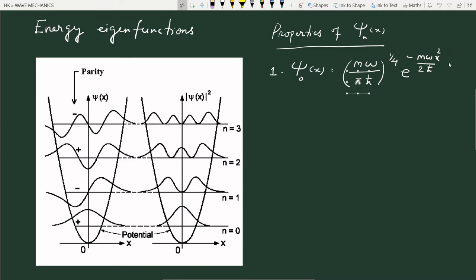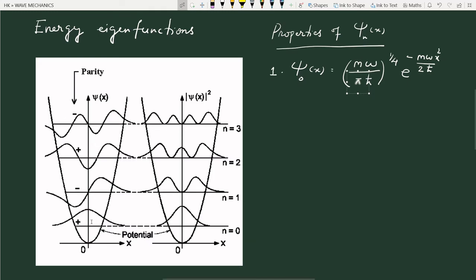So e raised to minus x square is called a Gaussian function. If you plot it you get a bell shaped curve peaked at the mean position. Here the mean position is x equal to 0. So this is peaked at x equal to 0, and on either side there is a bell shaped decrease. So the ground state wave function is a Gaussian function.